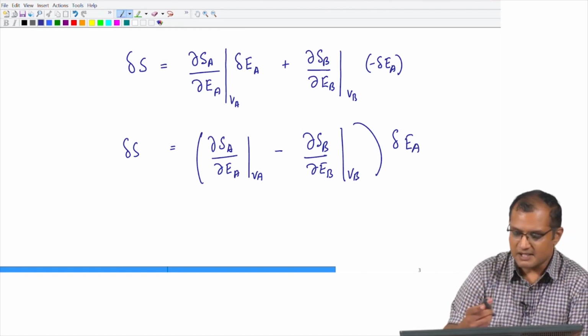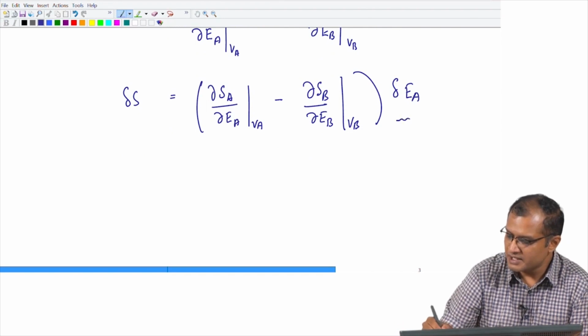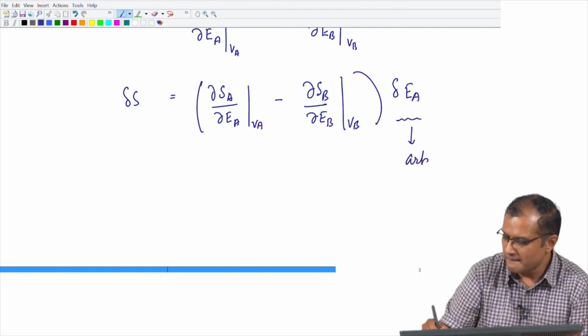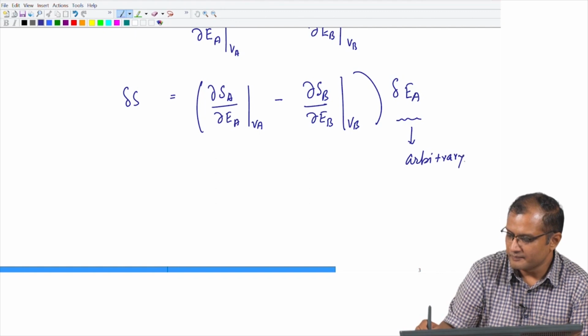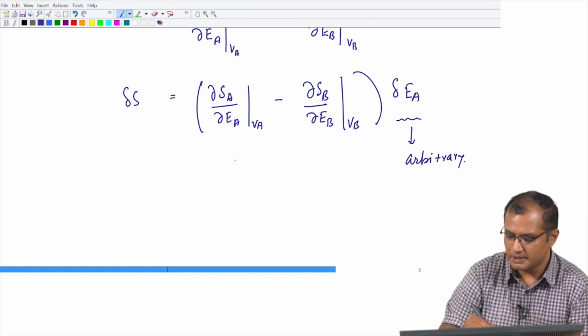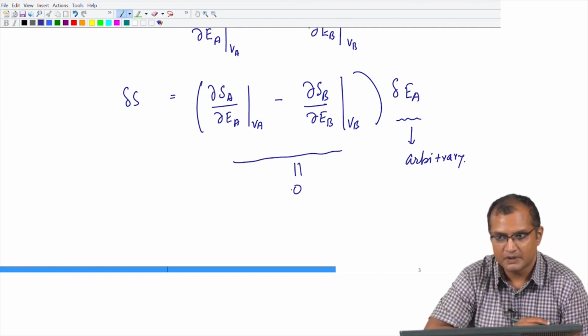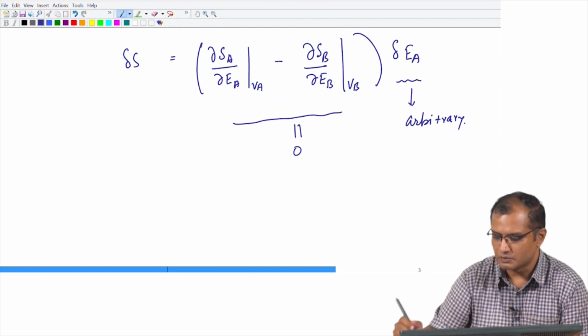And then for any arbitrary energy change, to make delta S 0, I must demand that my prefactor here is 0.